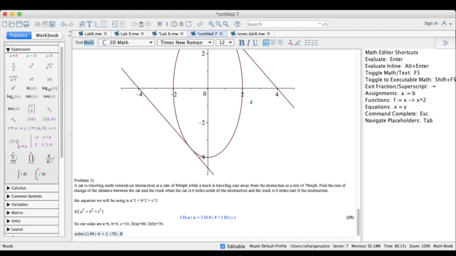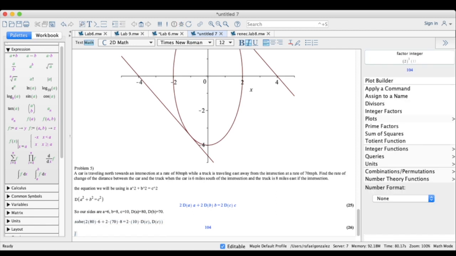And that we said was equal to 2 times 10, which we know, because if you do the Pythagorean theorem, you know that will be 10, the length of side c. And then we're looking for dC, so times dC. So we do comma dC.